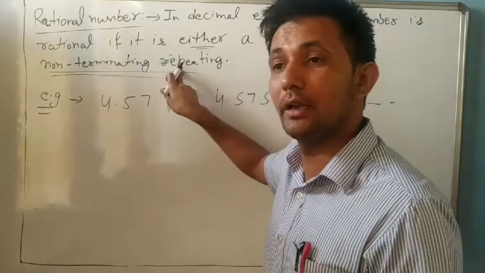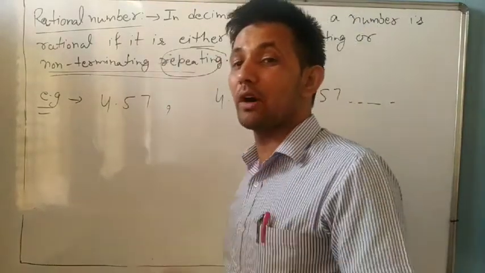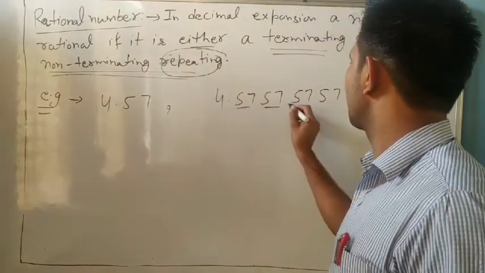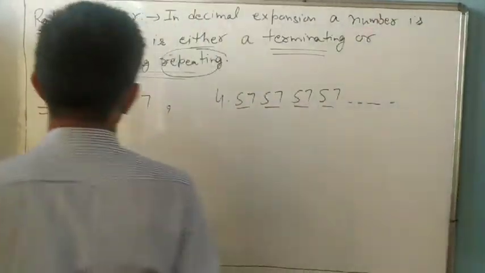Non-terminating but repeating means the same digits keep repeating, 5 7 5 7 5 7 5 7 every time.